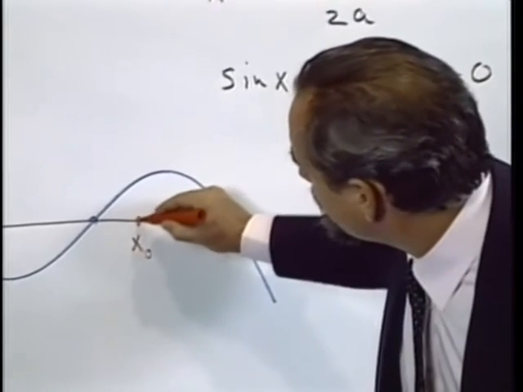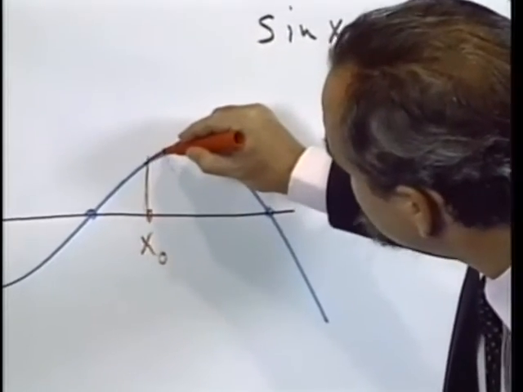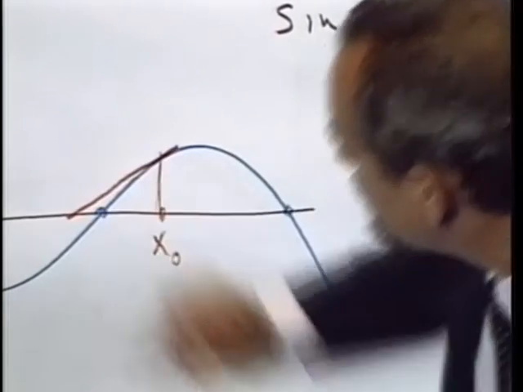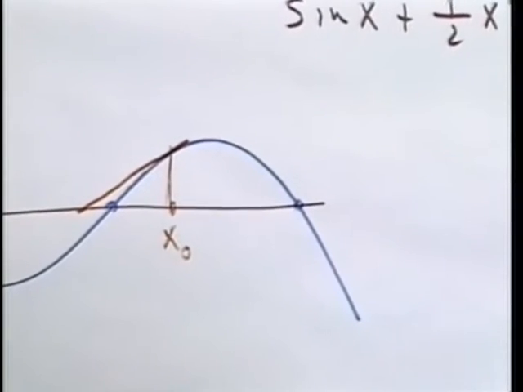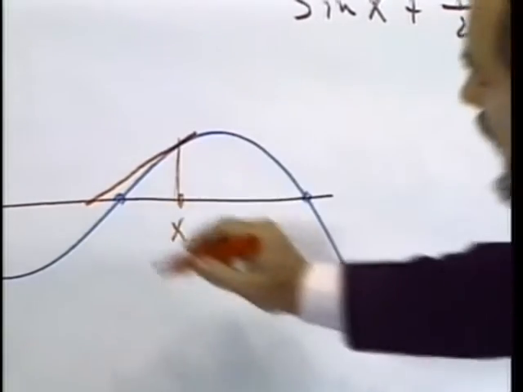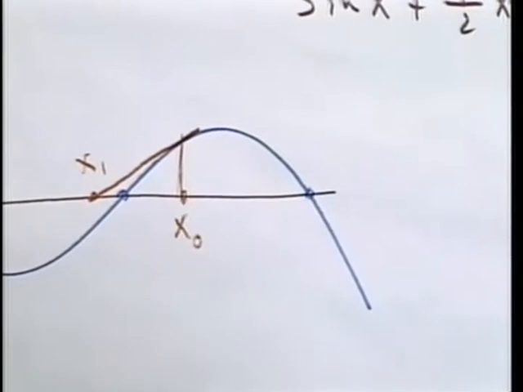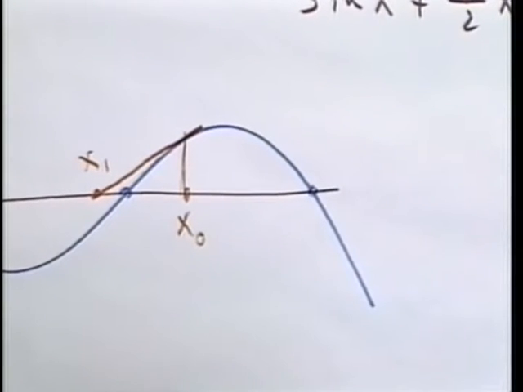But if you replace the function by its linear approximation, the function whose graph is the line tangent to the graph of the original function, and look at the root of that, you find a new point x1, which you might think is perhaps a better guess at a root of the equation.